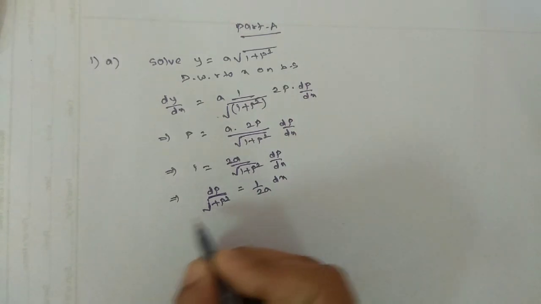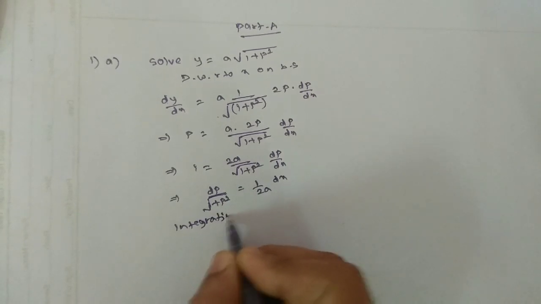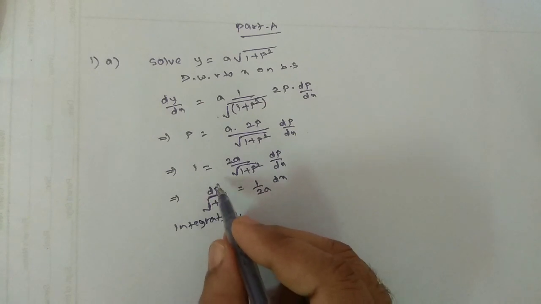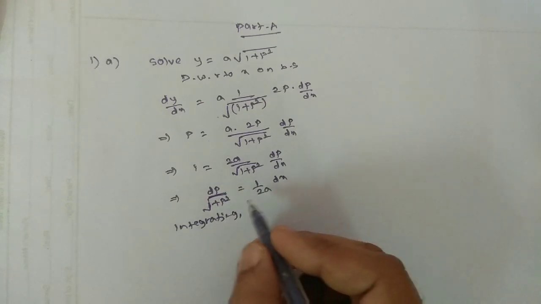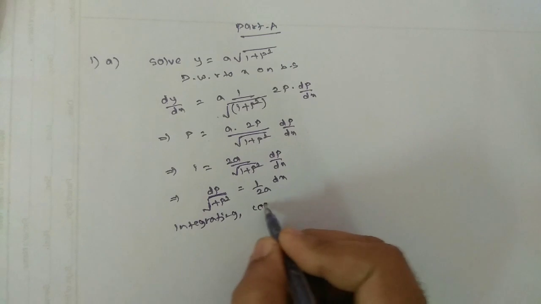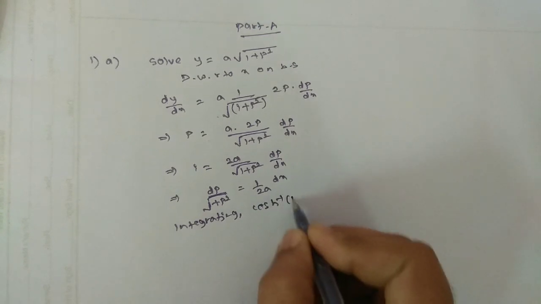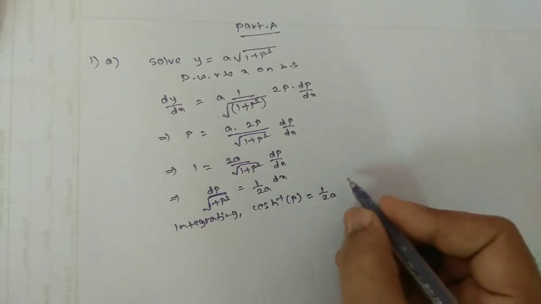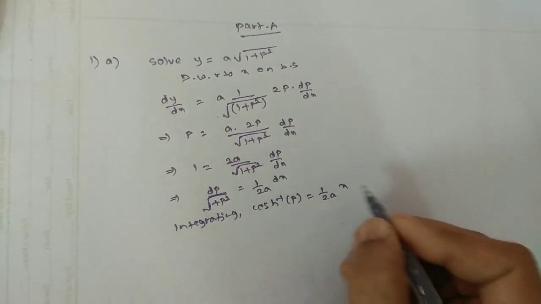On integration on both the sides, the left side is the integral of 1 divided by under root of 1 plus p square, which is nothing but cos h inverse of p, equal to 1 divided by 2a, integral of 1, which is x.